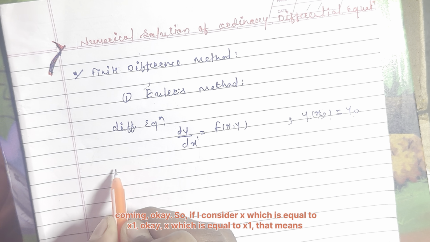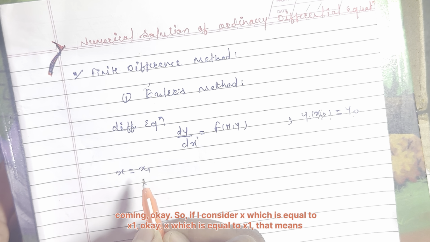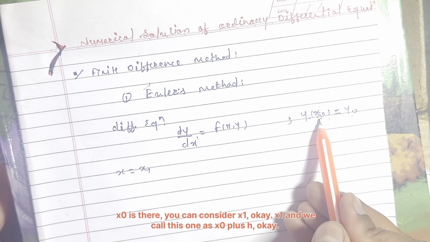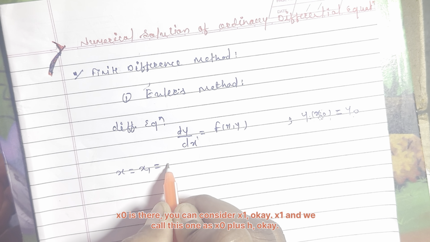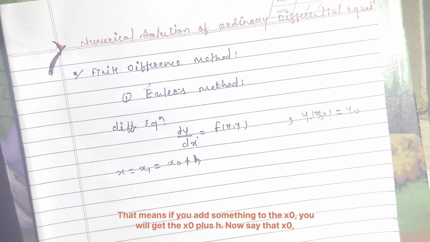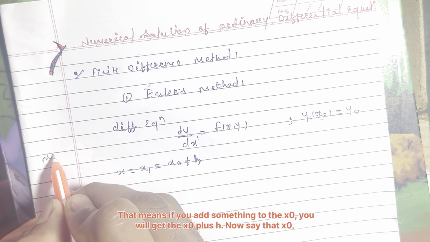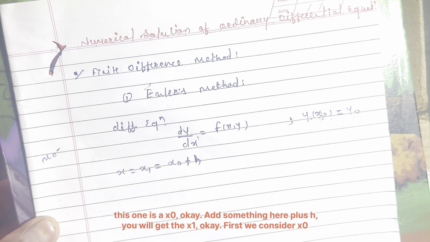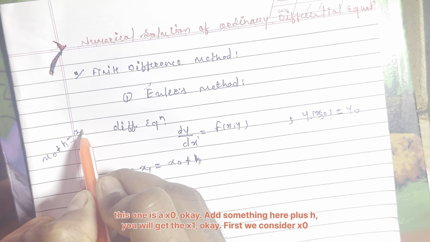If I consider x equal to x1, that means x naught is there, and we call x1 as x naught plus h. If you add something to x naught, plus h, you will get x1.